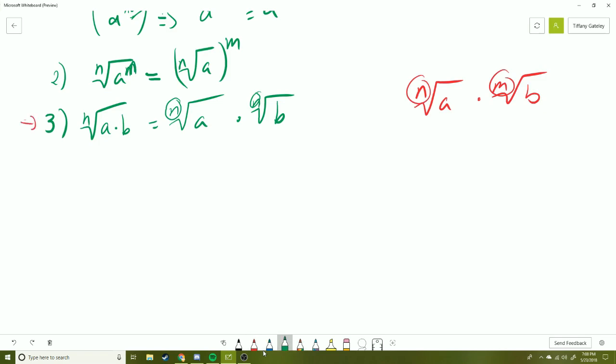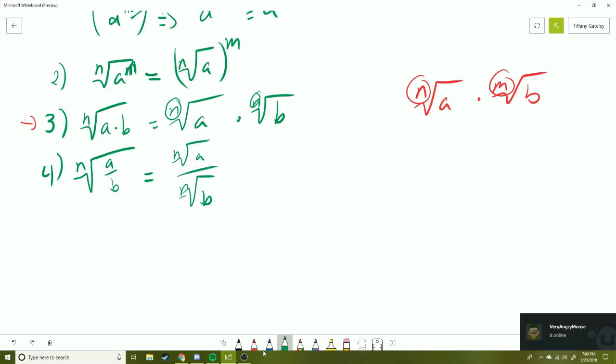Okay, back to green. 4: the nth root of a divided by b equals the nth root of a over the nth root of b. And this is the same thing. Your indexes have to be the same for this to work backwards.